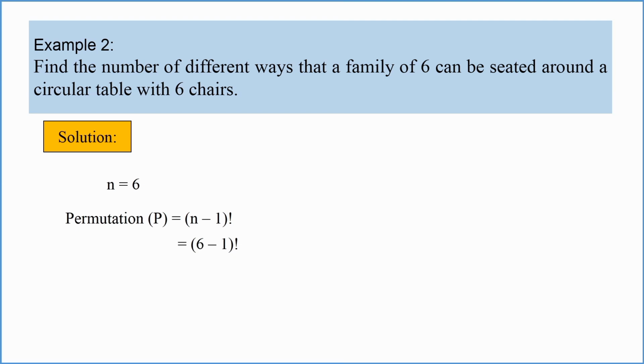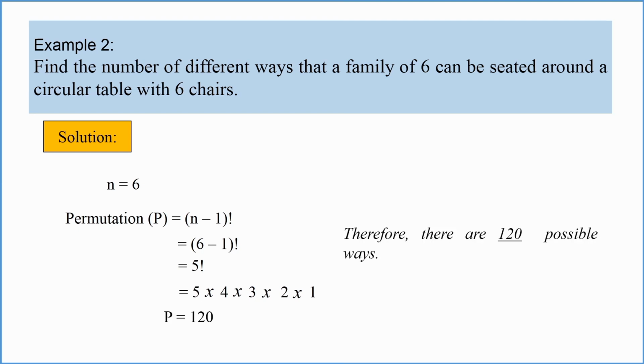Subtract, that is equal to 5, then we have 5 factorial. Apply the fundamental counting principle. We have 5, 4, 3, 2, 1, then multiply. 5 times 4 times 3 times 2 times 1 is equal to 120.